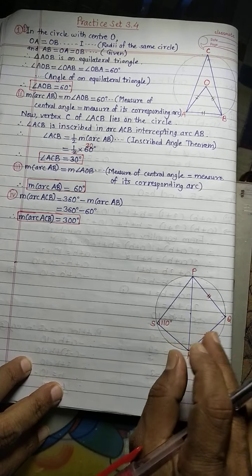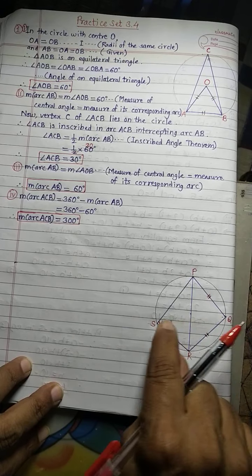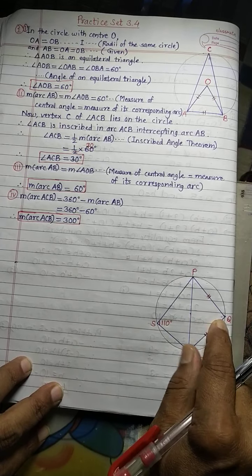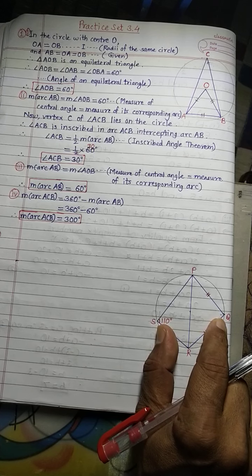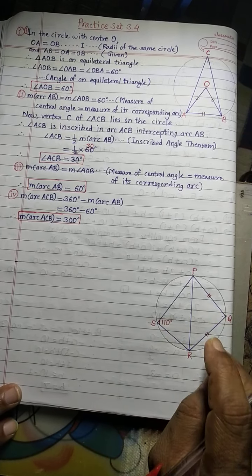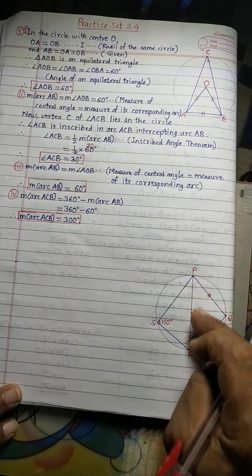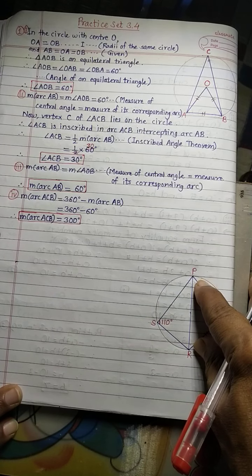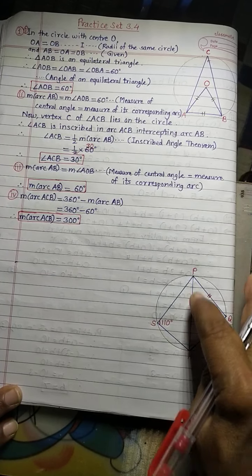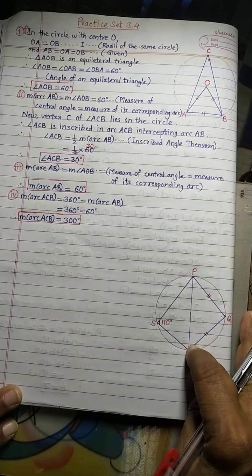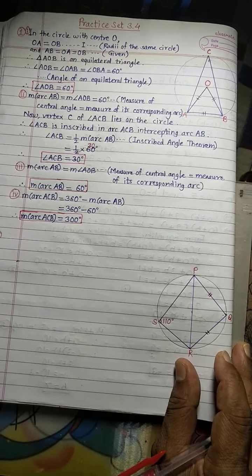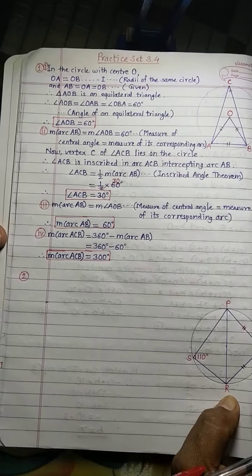That means the sum of these opposite angles is 180 degree. Also the sum of the measures of these angles is 180 degree. Okay, so let us start now.